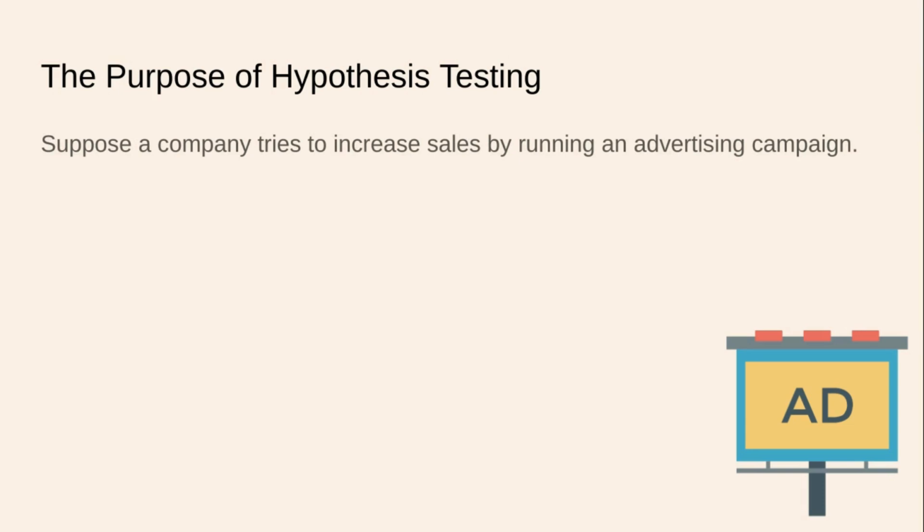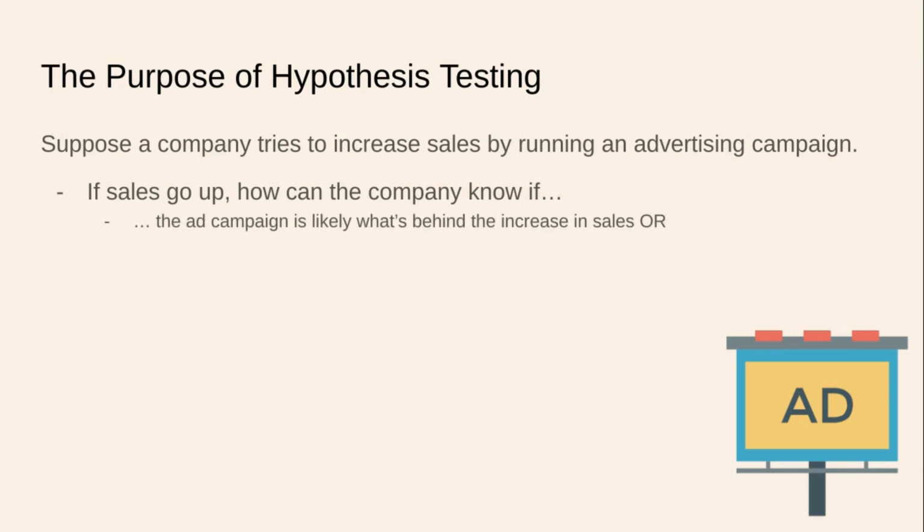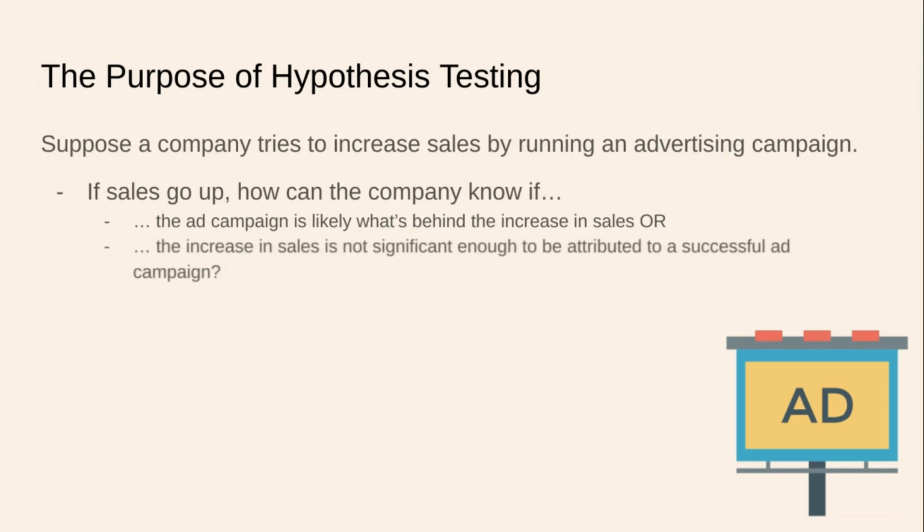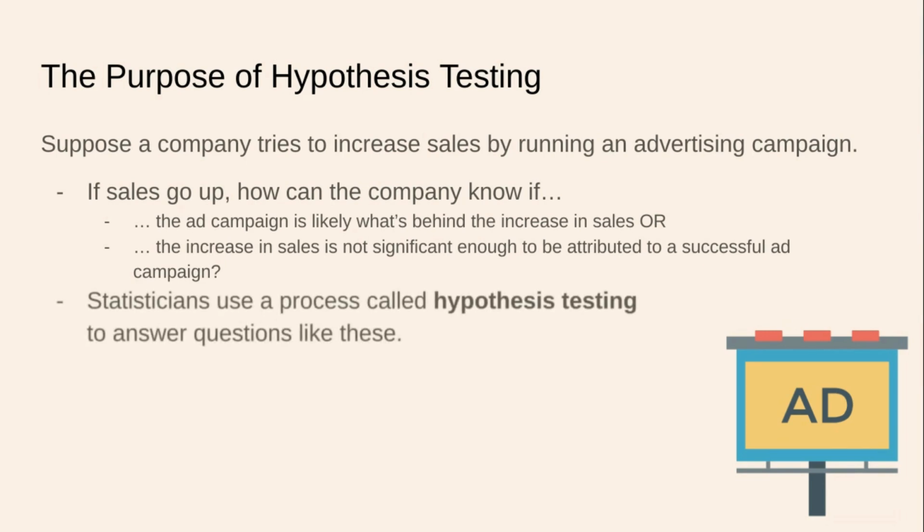Suppose a company tries to increase sales by running an ad campaign. If the sales go up, how can the company know if the ad campaign is what's behind the increase in sales, or the increase in sales is not significant enough to be attributed to a successful ad campaign? Statisticians use a process called hypothesis testing to answer questions like these.